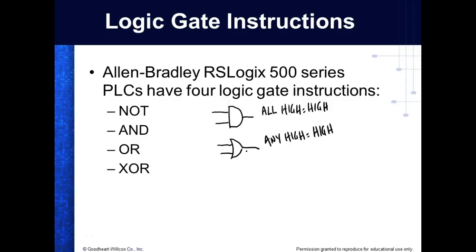But exclusive OR, if the inputs are equal, we get a what? I'm sorry, if the inputs are not equal, we get a high. Now, even in digital, exclusive ORs can only have 2 inputs. And then, of course, this is a symbol for a NOT.